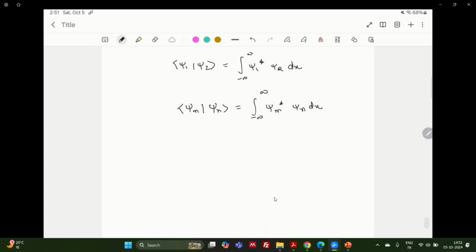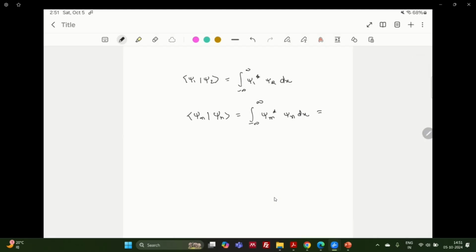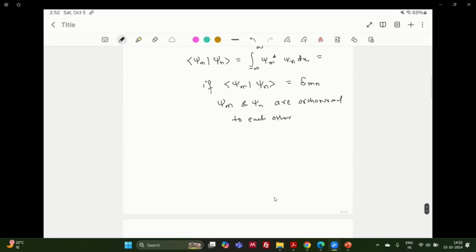So orthonormal functions are those functions whose dot product is delta mn. If psi m psi n gives you delta mn, then psi m and psi n are orthonormal to each other. Orthonormal means they are orthogonal and normalized.